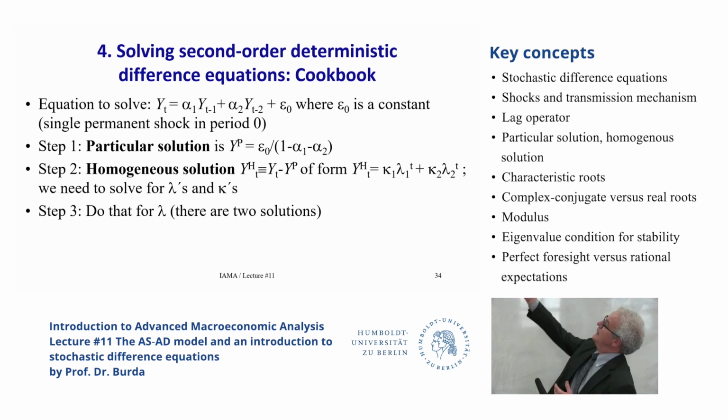Okay, so let's take y_t as a function of once-lagged and twice-lagged values and this constant. Think of that as a permanent shock, maybe an increase in the inflation rate, the target inflation of the central bank, whatever. So step one: what happens when all the dust theoretically is settled?